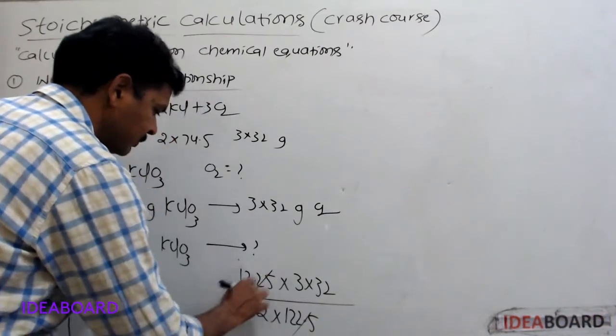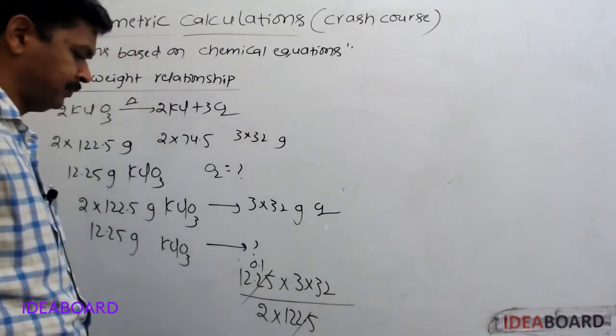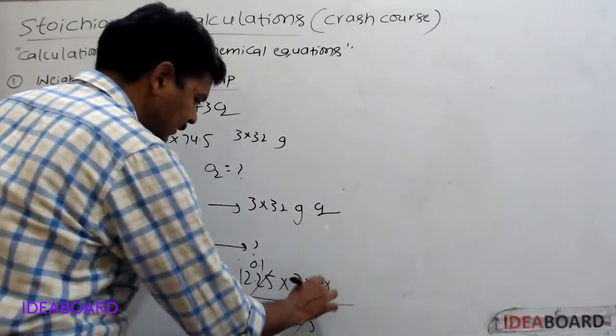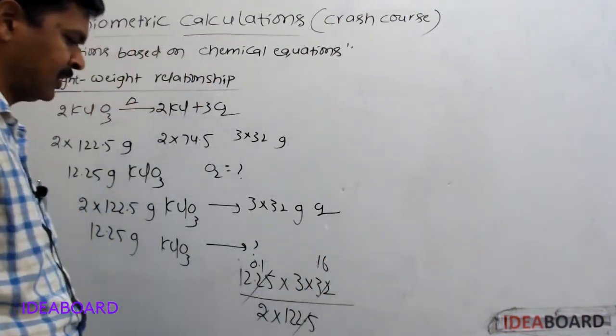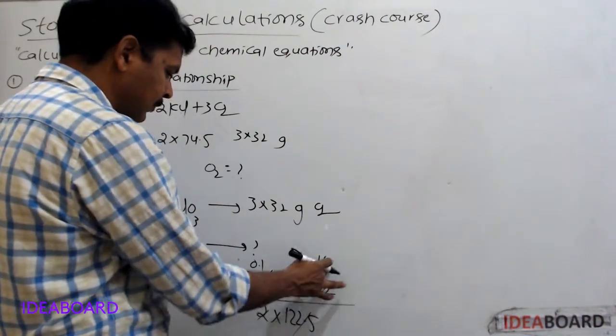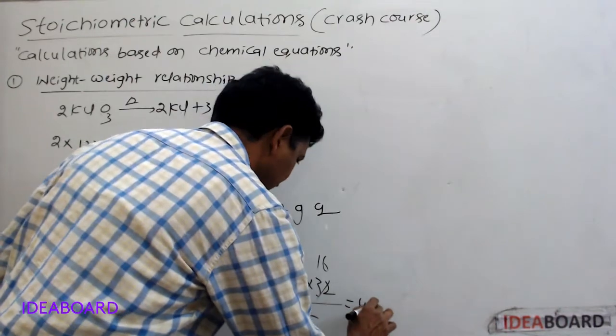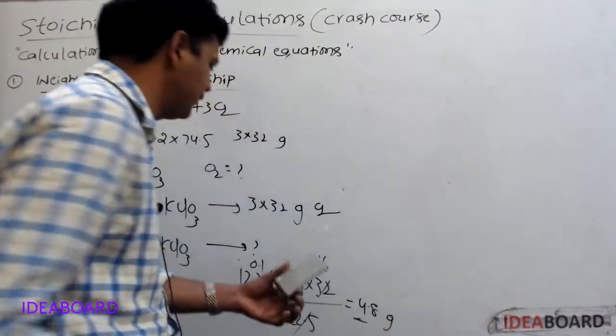It becomes 0.1, 2 16s, 16 3 is 48, 48 into 0.1, 4.8 grams of oxygen.